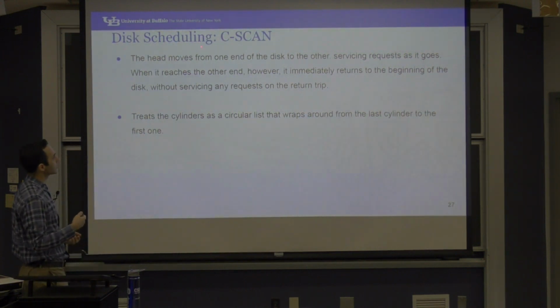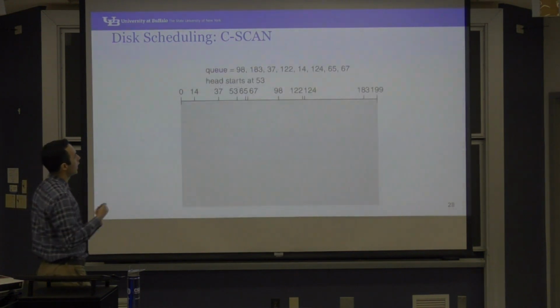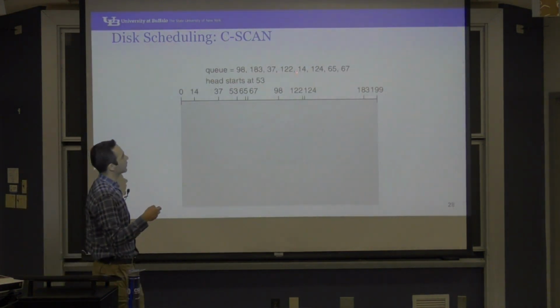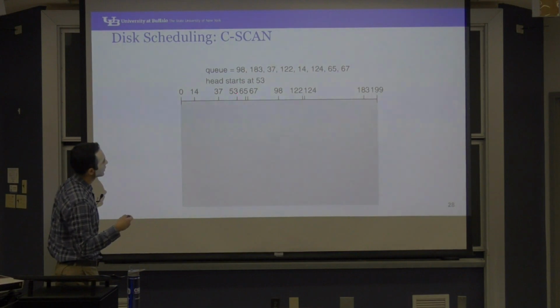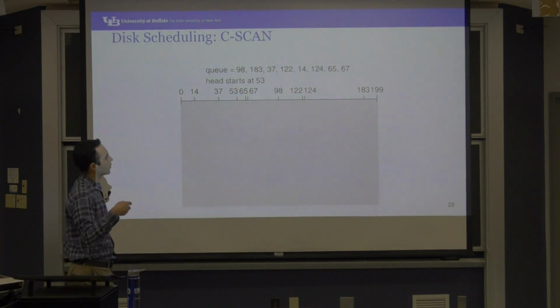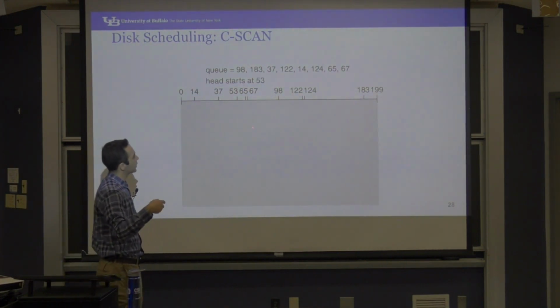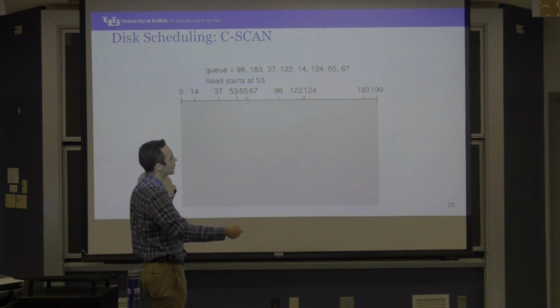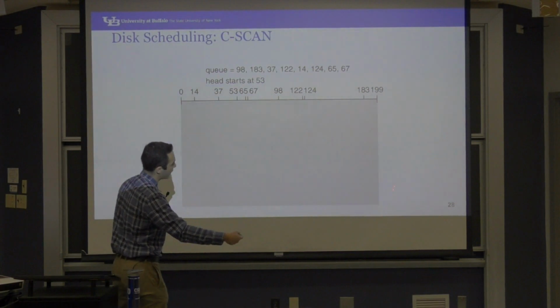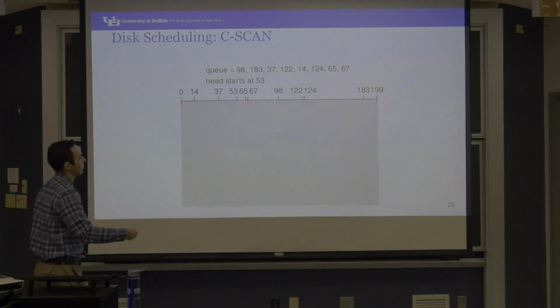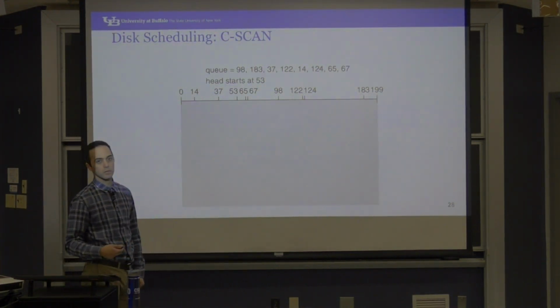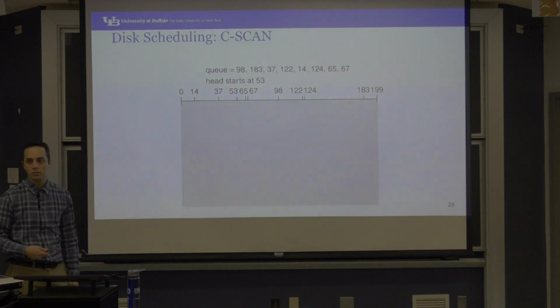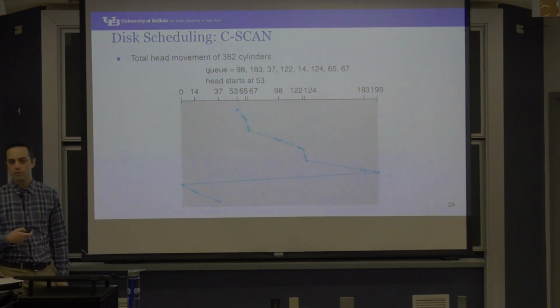So again, just remember that this is circular, and then starting from the 53 this time, I think in this figure, we're actually going up. So 53, 65, 67, 98, 122, 124, 183, all the way to the end of it. And then we move back to 0 and then pick 14 and 37 up. Okay? Just like that.